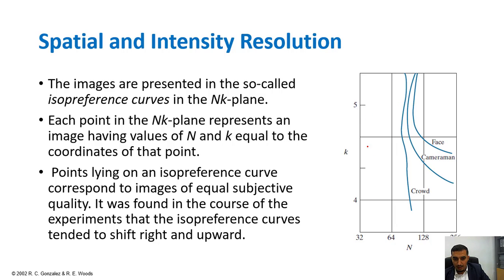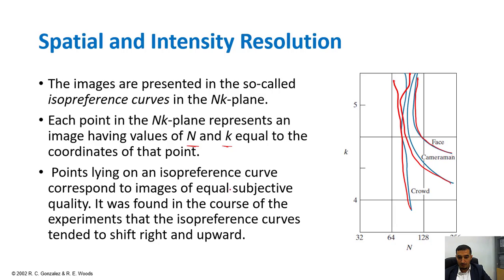This is the N-k plane, which shows the isopreference curves. You can see the face of the girl, this is the curve for the face of the girl. Here is the crowd, which has more and more information. And here is the cameraman. Each point in the N-k plane represents an image having values of k and N equal to the coordinates of the point.